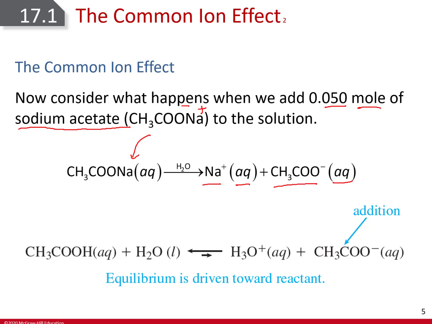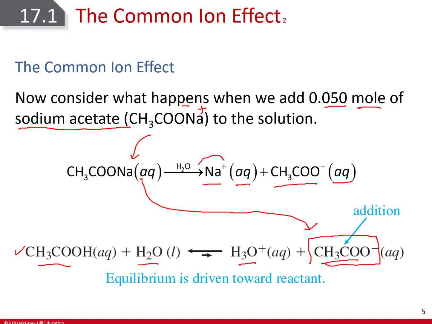So now the question is, if we revisit the reaction that we just did, acetic acid reacts with water to form the hydronium ion and the acetate ion, what happens if the acetate is initially present due to the addition of the sodium acetate?